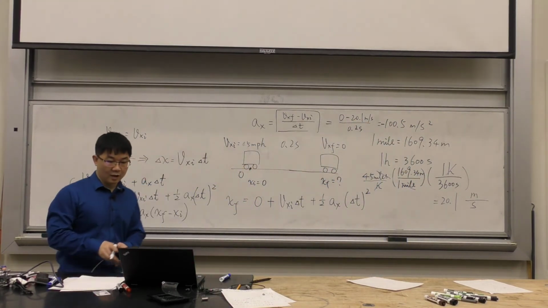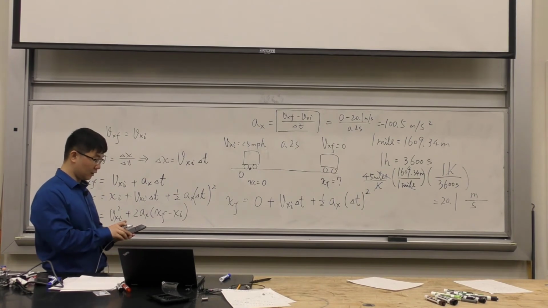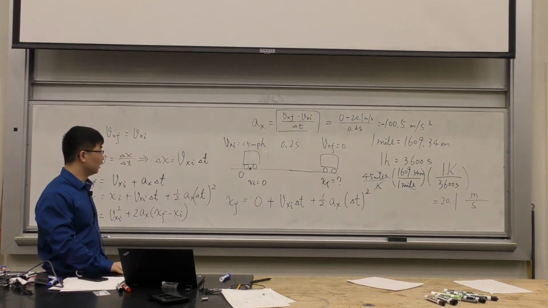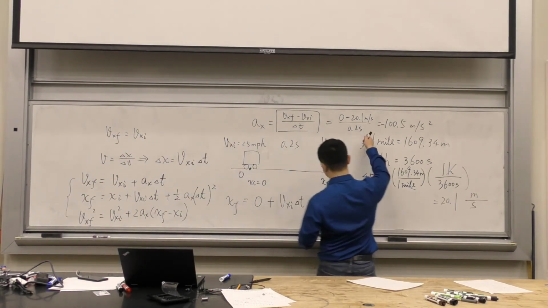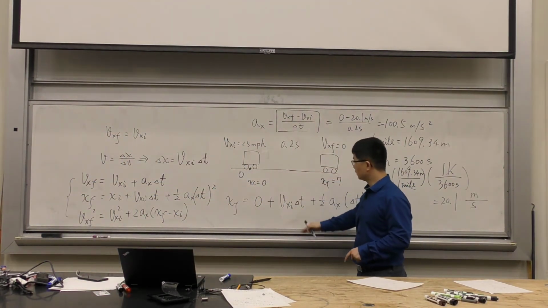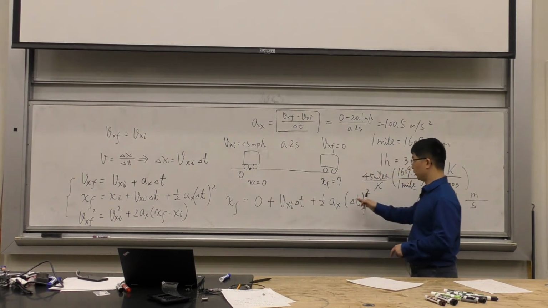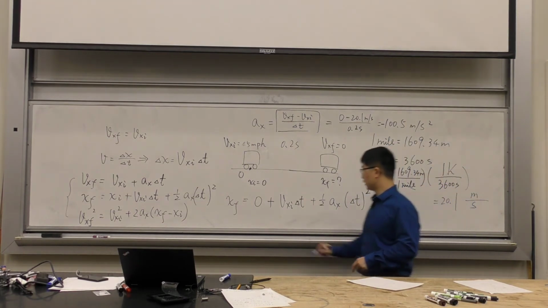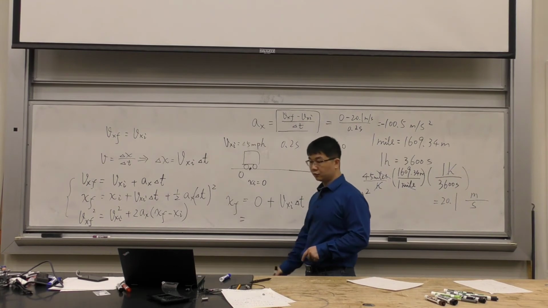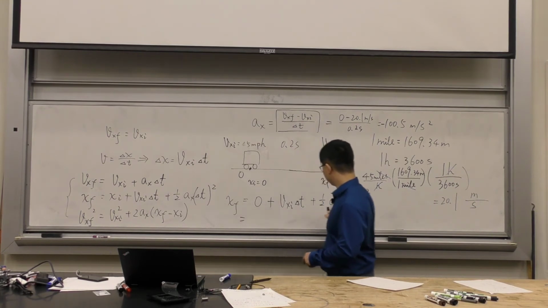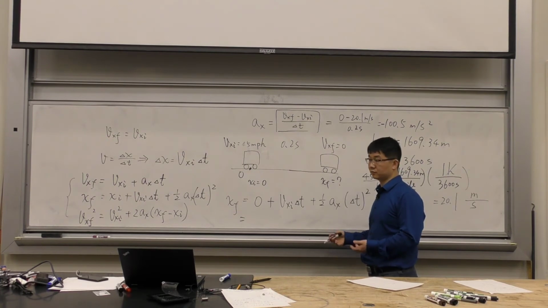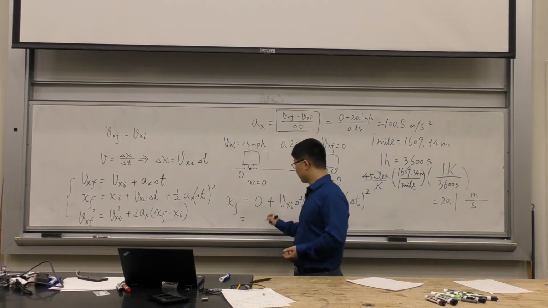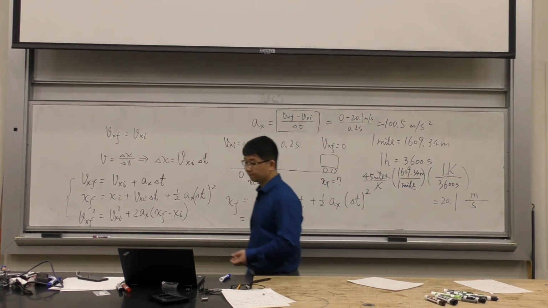Then you can go ahead and find the distance it travels. You plug the acceleration, the initial velocity, and the time into this equation. So what are you going to get? If you do the math correctly, this is going to be a negative acceleration, negative it is, don't erase this negative sign. You're going to get about 2 meters.